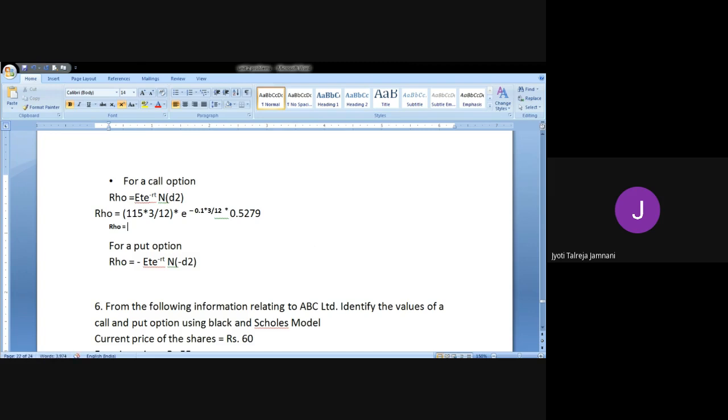So it is equal to 115 into 3 divided by 12, 28.75 into e raised to minus RT, 28.040 we get, into 0.5279, 14.80.